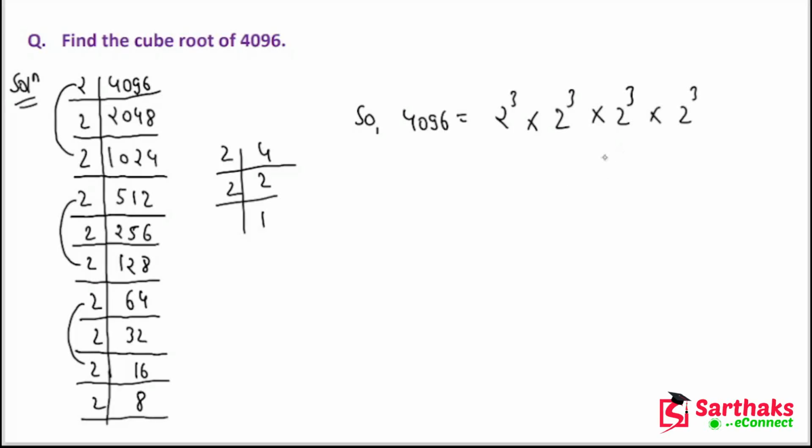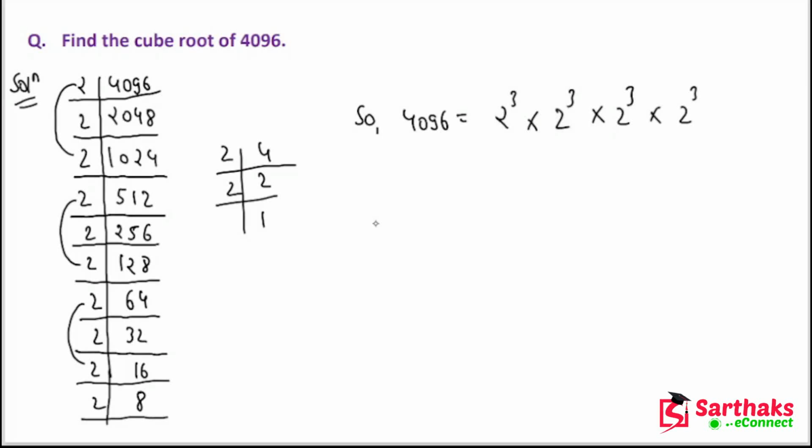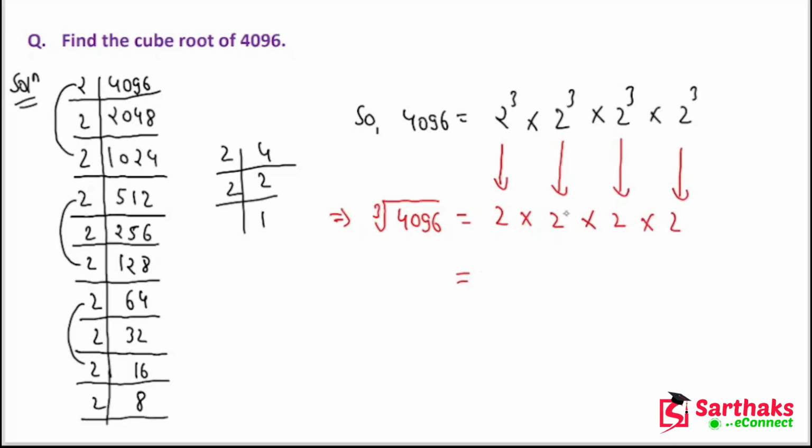So we have got 4 triplets. Now according to the prime factorization method of finding cube roots, for 4096 its cube root would be one factor from each of them. So it will contribute 2 towards the cube root. It will also contribute 1 factor, and this last triplet will also contribute 1 factor.